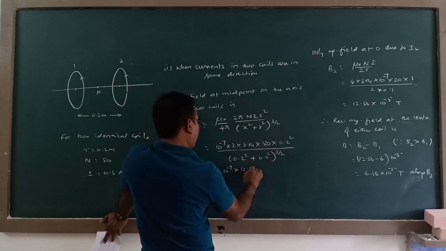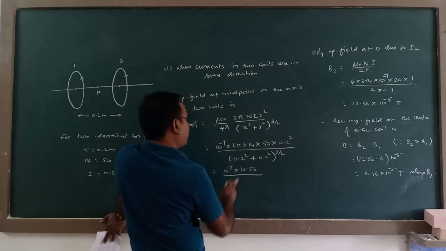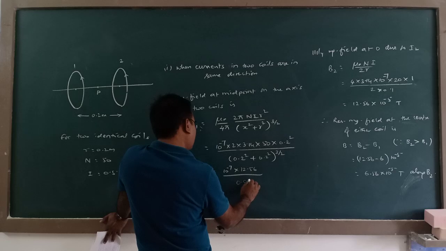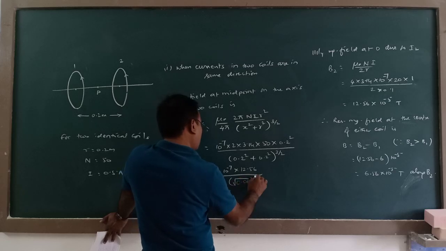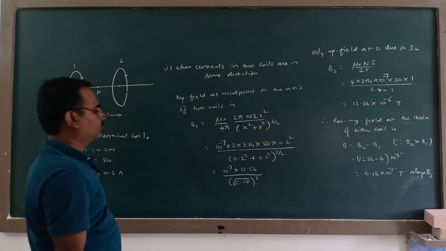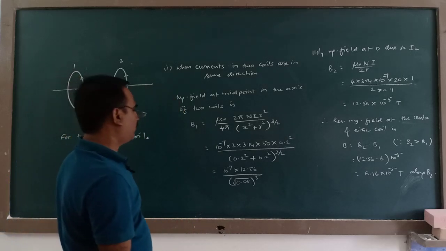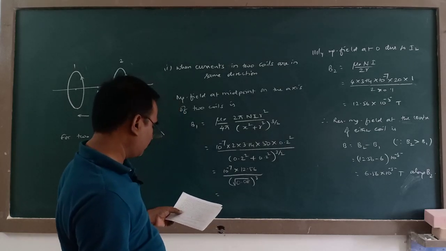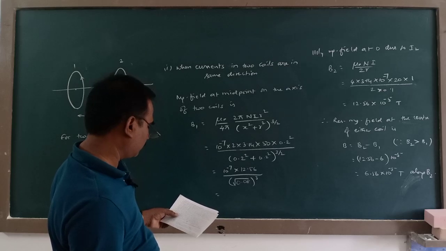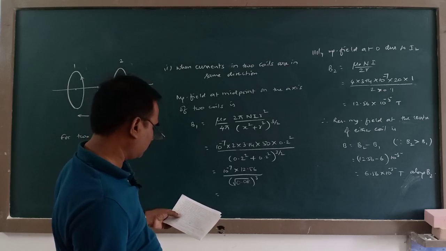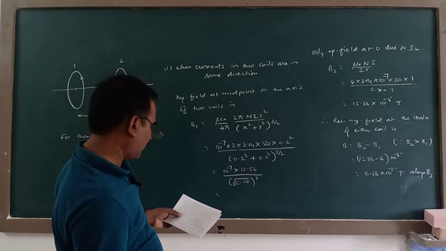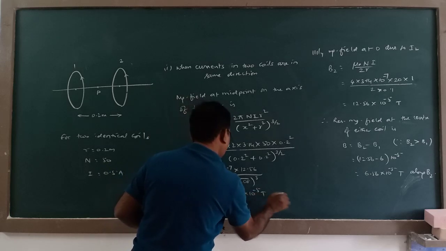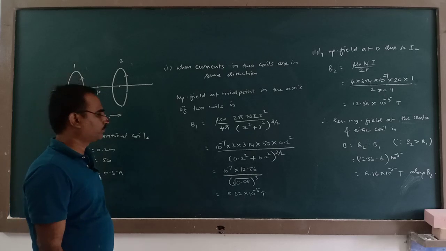Four into 3.14, 12.56 divided by, this is 0.04, so it is 0.08 under root whole cube. So if you find this value, it comes to be nearly 5.62. It comes to be nearly this much.